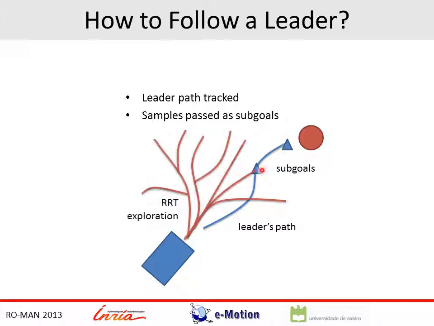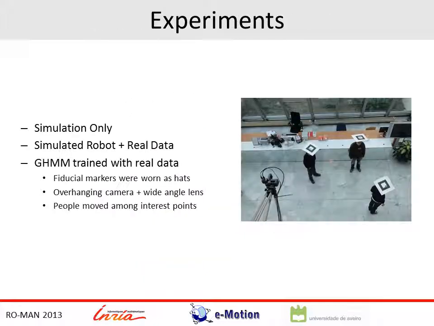The sub-goals are sent to the RRT-risk algorithm, so the robot is able to continue to explore the environment for alternative routes, but also to move according to the motion of the leader, effectively taking advantage of its movement.